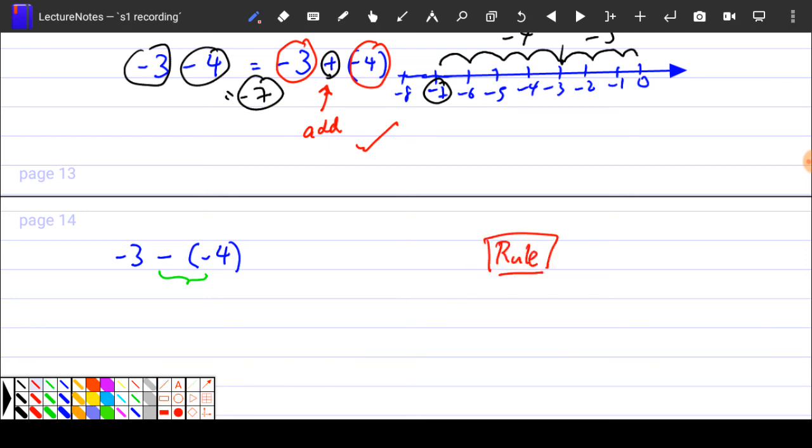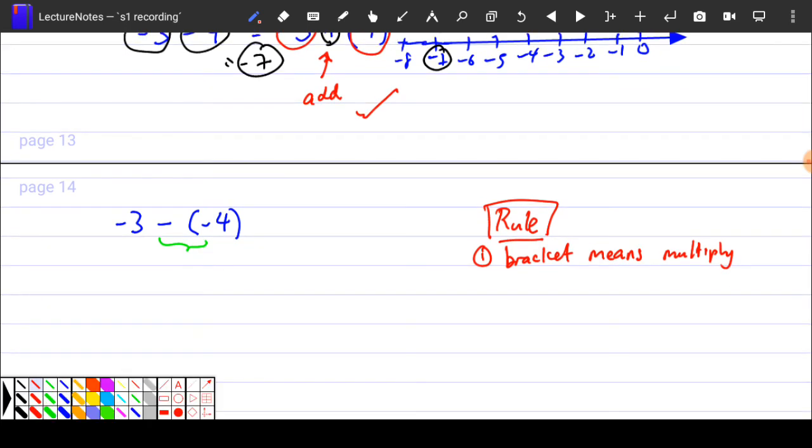Now, first is to understand that bracket means multiply, and when I say multiply, it means like times something, some number times something.